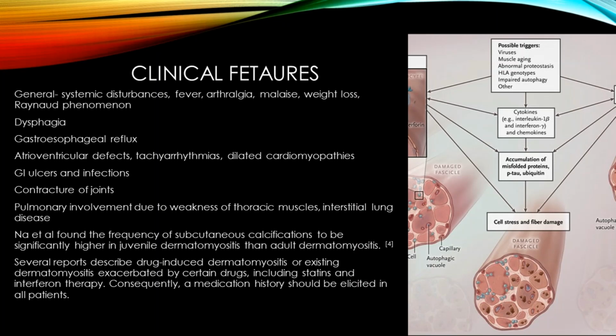Extramuscular manifestations may be present to a varying degree in patients with polymyositis or dermatomyositis and include systemic symptoms such as fever, malaise, weight loss, arthralgia, and Raynaud's phenomenon, especially when inflammatory myopathy is associated with a connective tissue disorder.